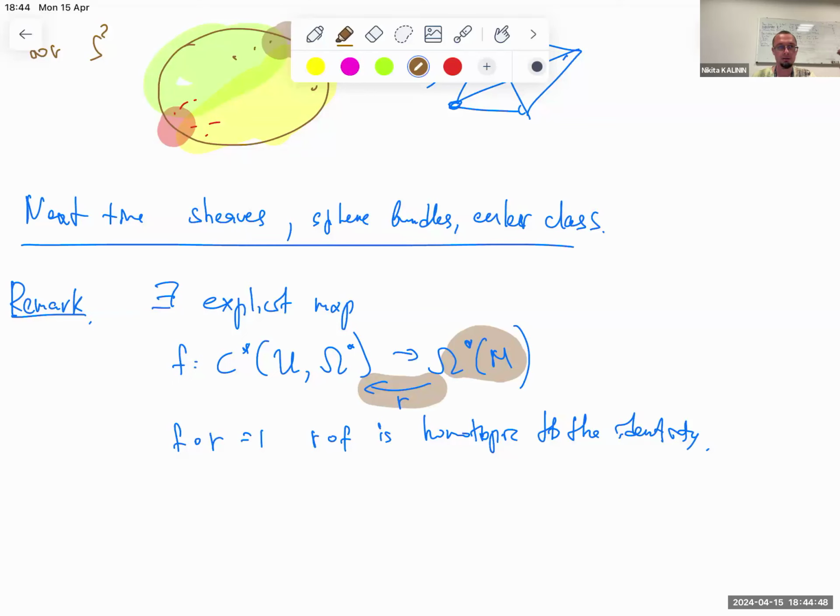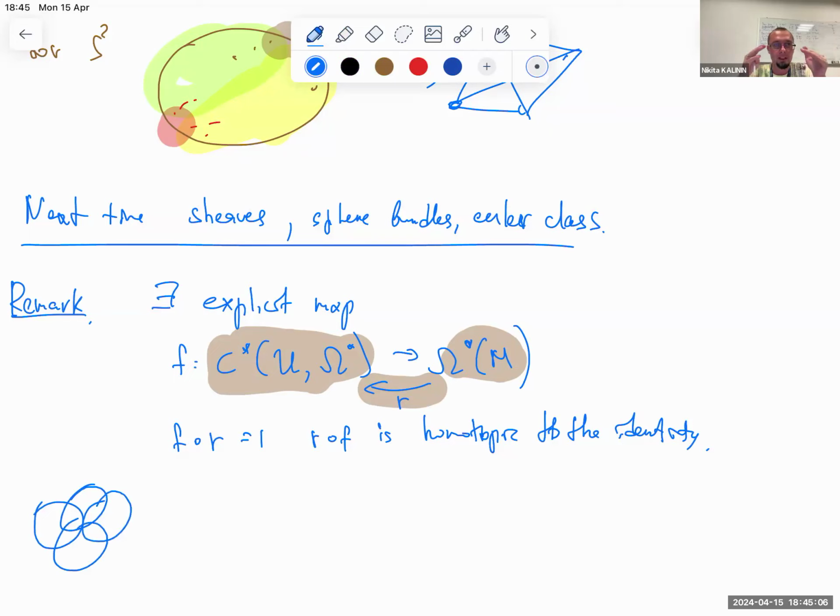In the other direction, it looks to be more complicated. So imagine that you have a certain chain in this Čech complex. So as you remember, what is the chain there? You just say that I have some intersections of sets, that's my covering, and on every r-tuple intersection, I define a certain differential form.